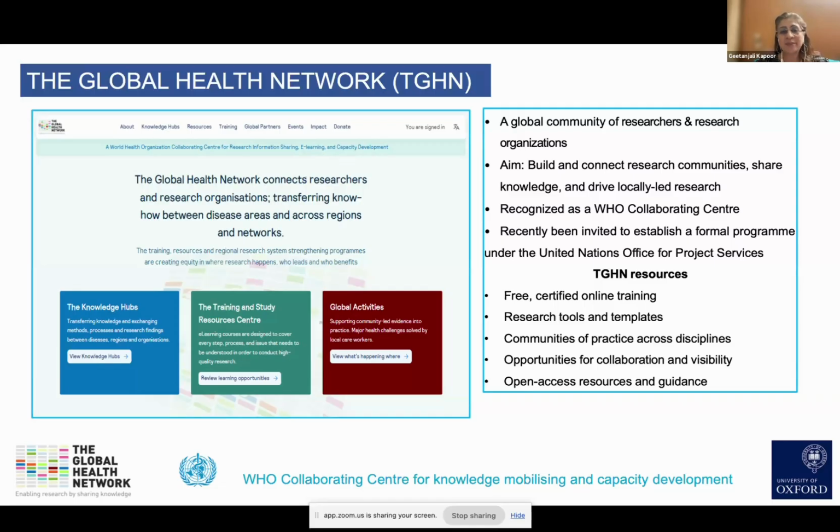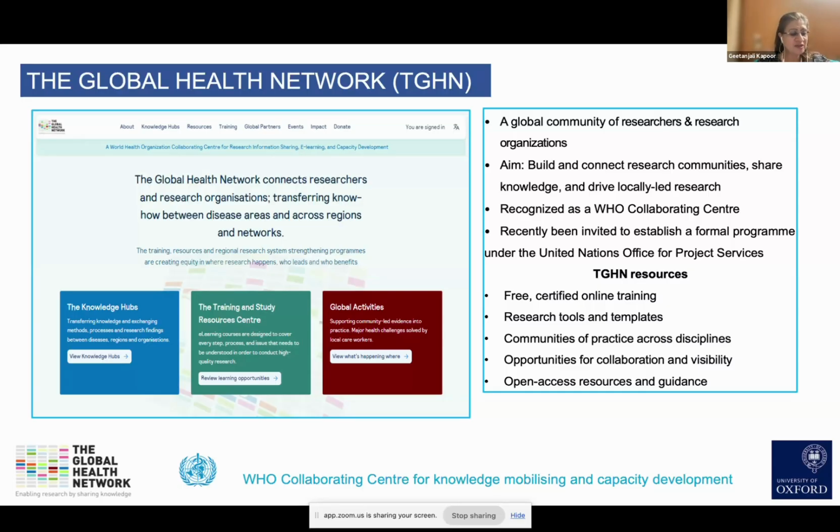Most of the research is being led, say 90% of it, by a certain section or faction, and is not really representative of everybody on the globe. So we would like to reduce this inequity. TGHN also has lots of resources, about which I would be getting into details. But in short, we have trainings, various programs, tools, seminars, and even in-person meetings.